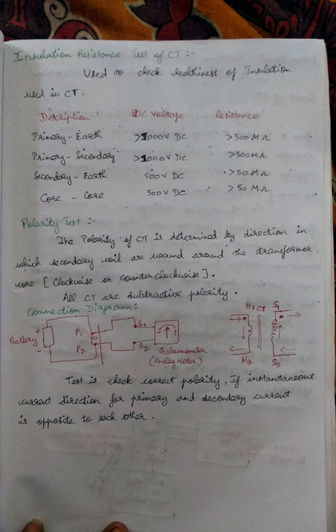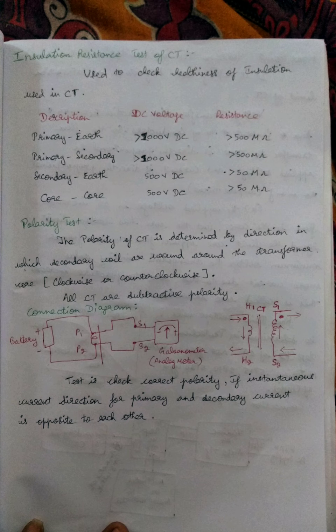Next, polarity checking. Polarity is used to determine the direction in which the secondary coil is wound around the transformer core, which should be a subtractive polarity. In our CT, P1 should correspond to S1 of the secondary and P2 should correspond to S2 of the secondary.